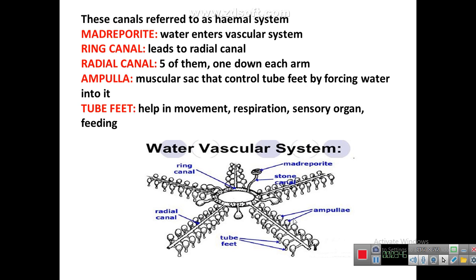The upper part of the tube feet, known as the ampulla, is a muscular sac which controls the tube feet by forcing water into it. And when water moves out of the tube feet, this process helps in movement. Tube feet also help in respiration. They work as sensory organs, and they also help in the process of feeding.